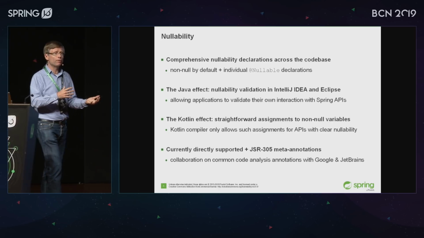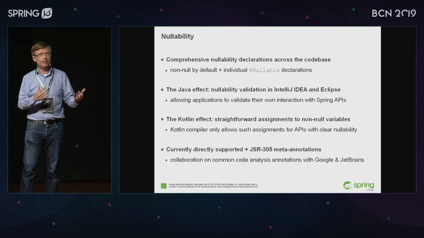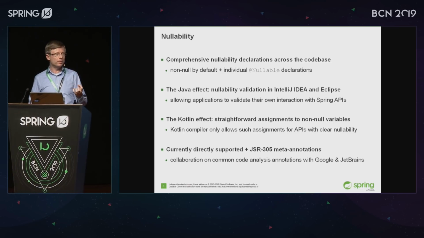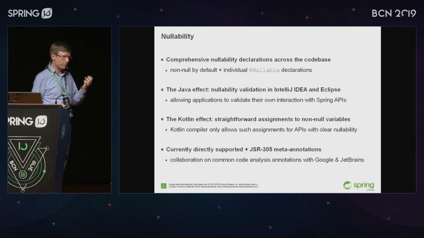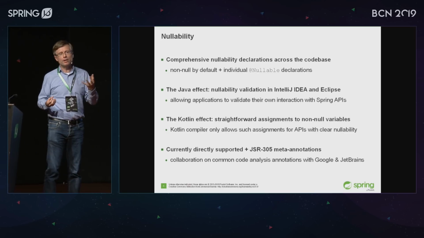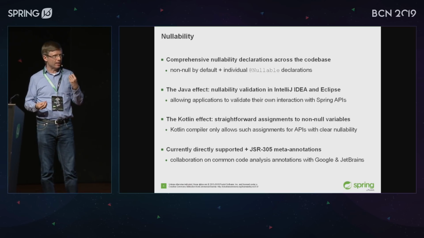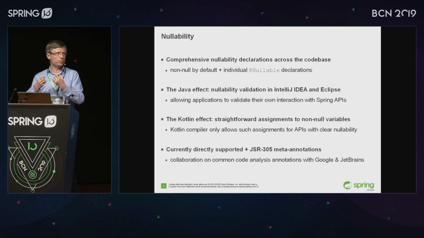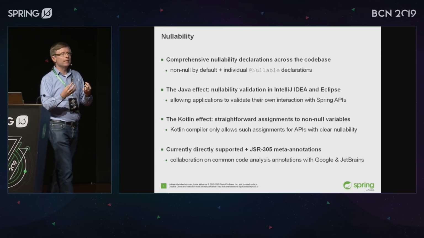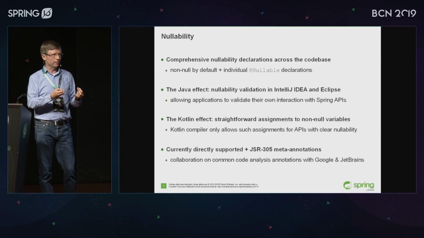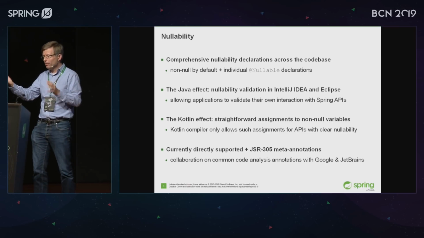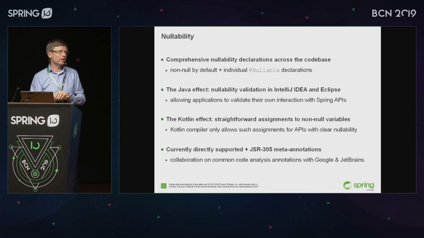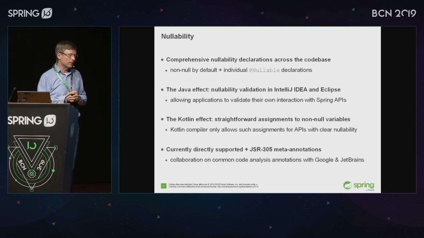The effect on Kotlin is, of course, even stronger, because in Kotlin there's an element of non-null enforcement in the type system. You can declare a type reference as not null, and the Kotlin compiler is going to allow such an assignment only if the outcome of the expression that you assign is cleanly not null. So if you call any API with unclear nullability, where the result may be null, the Kotlin compiler is going to reject the immediate assignment.